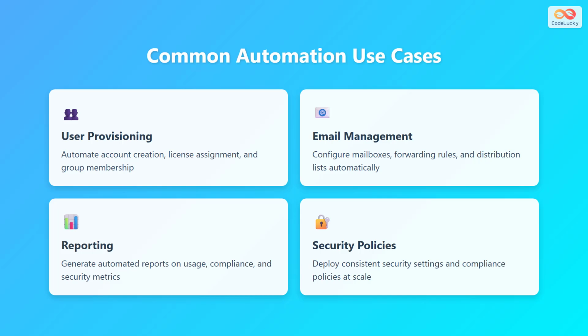Reporting is another area where automation shines, as you can generate automated reports on usage patterns, compliance status, and security metrics without manual effort. Security policy deployment ensures that consistent security settings and compliance policies are applied across your entire organization at scale. These use cases represent just a fraction of what's possible with Office 365 automation.